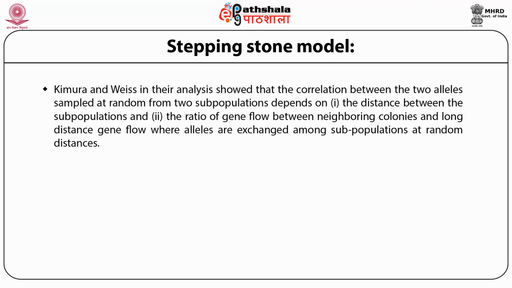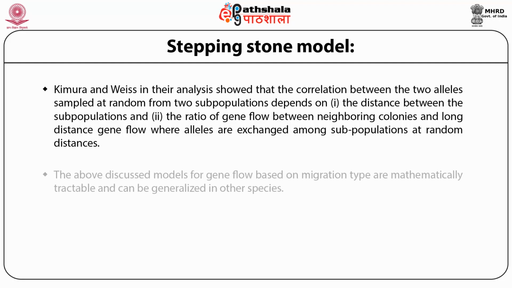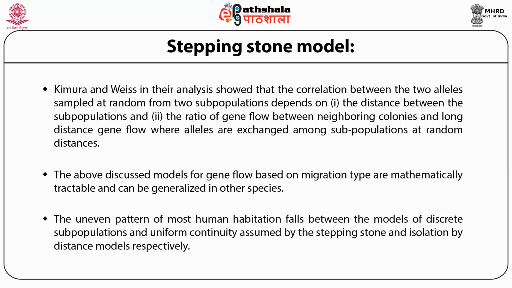Kimura and Weiss in their analysis showed that the correlation between two alleles sampled at random from two subpopulations depends on two factors. One, the distance between the subpopulations, and second, the ratio of gene flow between neighboring colonies and long-distance gene flow, where alleles are exchanged among subpopulations at random distances.